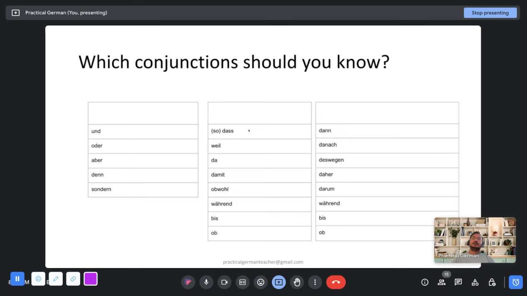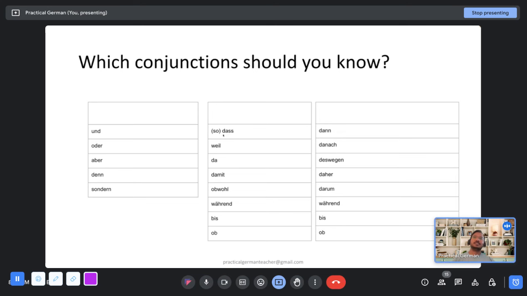Dass is that, while, because. Da means also that. Damit, I don't know. Obwohl, if. Während, I don't know. Bis, till. And ob, from.